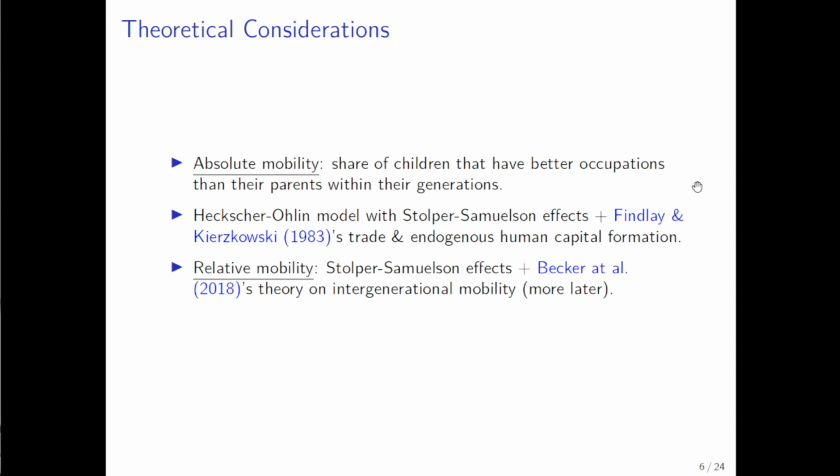And that basically is kind of the intergenerational analog of poverty versus inequality. If you see greater absolute mobility, it's kind of like poverty reduction, right? And if you see higher relative mobility, it's like reduction in inequality. So, we'll see whether the two results go in the same direction or in the opposite direction.